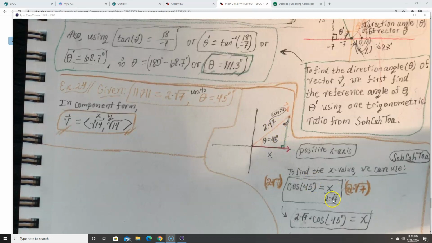Adjacent over hypotenuse is cosine of the angle 45 degrees. And now we have a little equation in which we can solve for x, which is the side we want right here, which is the horizontal component of the vector. So how do we solve this now for x?